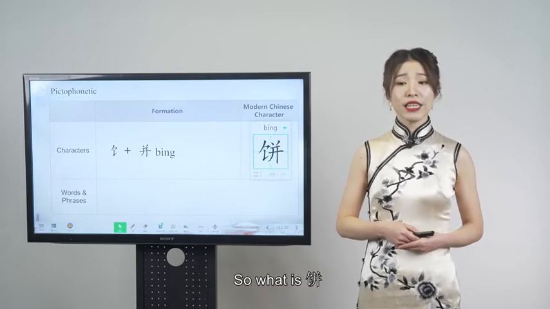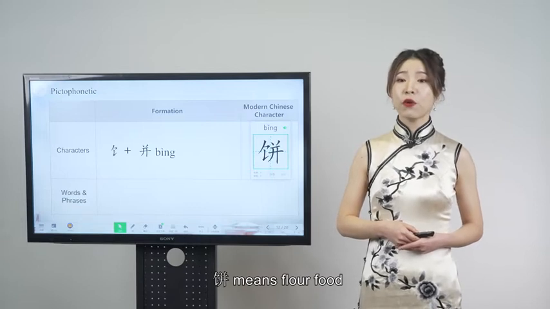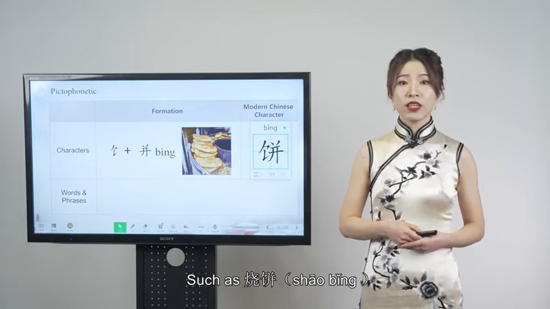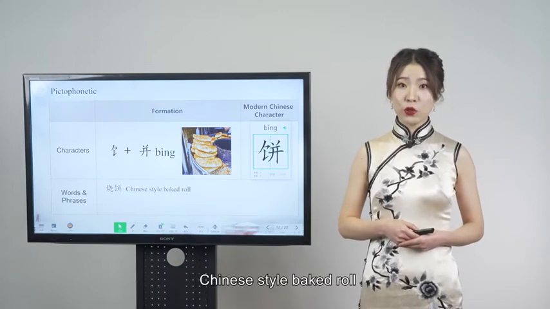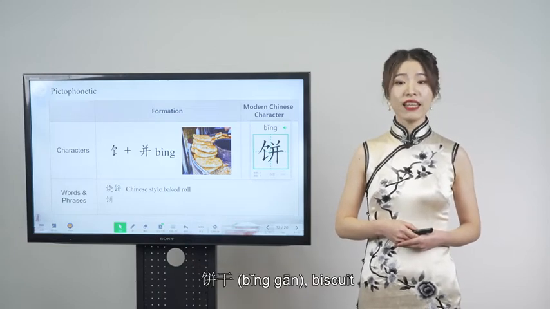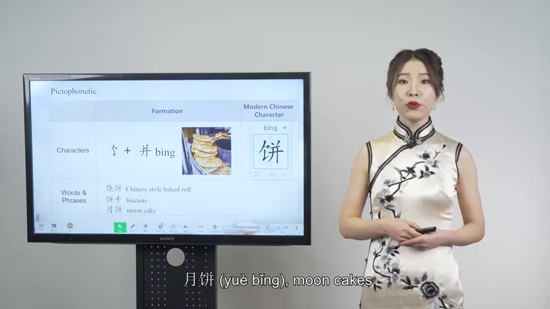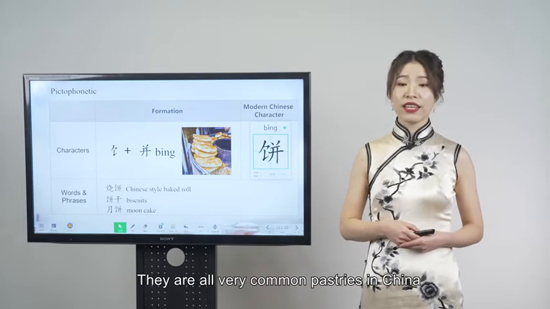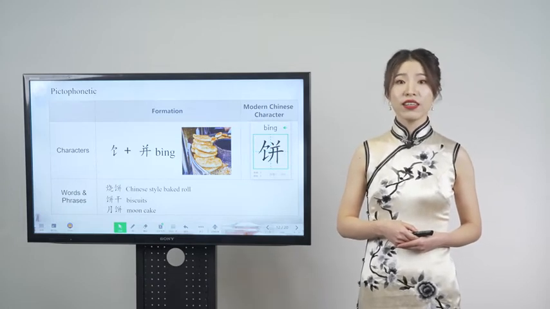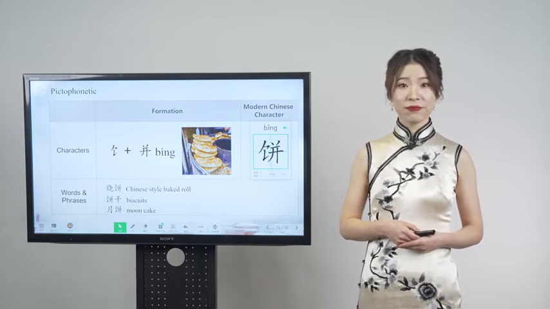So, what is 饼? 饼 means flour food, such as 烧饼, Chinese-style baked roll, 饼干, biscuits, 月饼, mooncakes. They are all very common pastries in China. By the way, can you tell when Chinese people eat mooncakes?